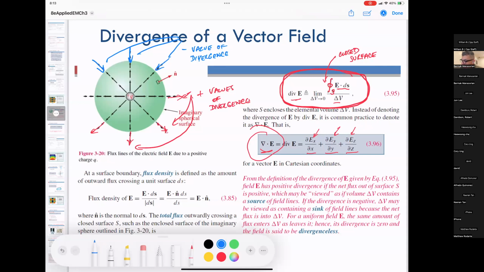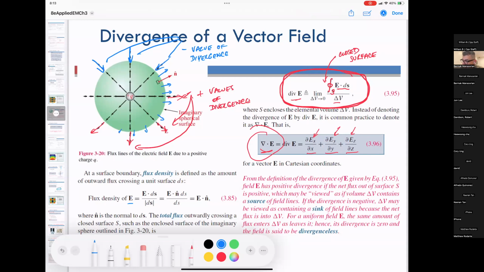And let's see, what else do I want to say about this? Another thing, going back: the flux density of an electric field is defined as the total amount of that vector field that's perpendicular to the volume whose flux density we're trying to define.